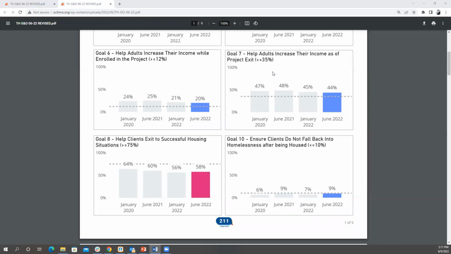Last time we did transitional housing, we did talk about increasing these thresholds, but didn't do it. But I wanted to revisit with the group if we should increase the thresholds for goal 6 and 7 a little bit. For goal 6, maybe we go up to 15%, and goal 7 to maybe 40%. But I'm willing to hear feedback from the group.